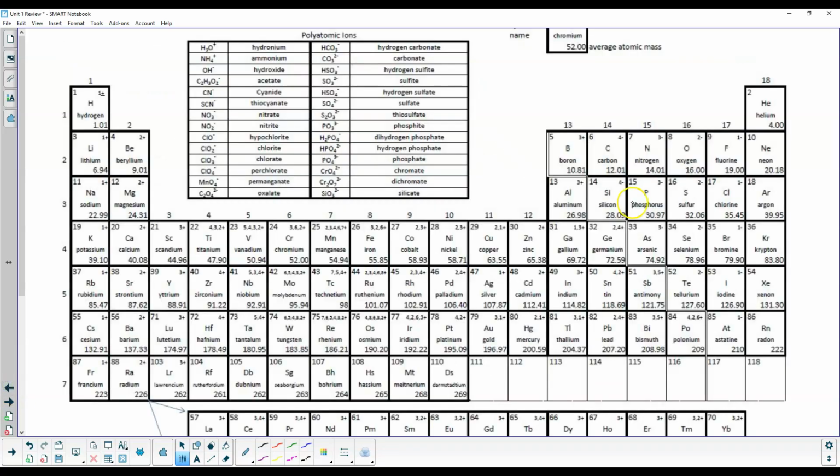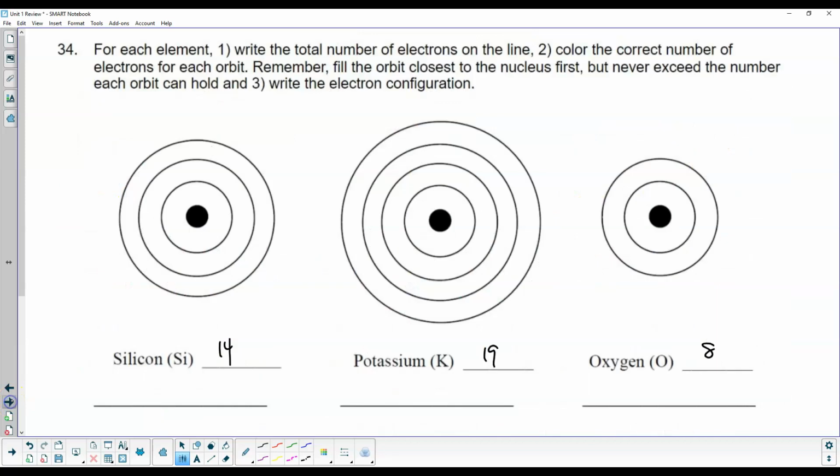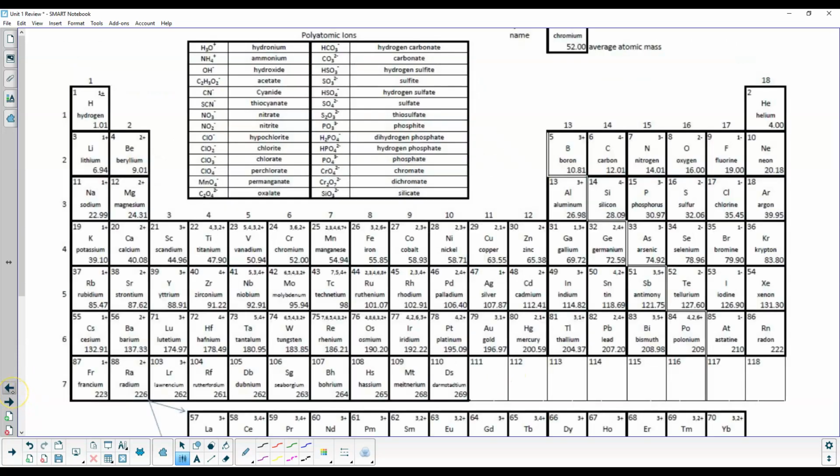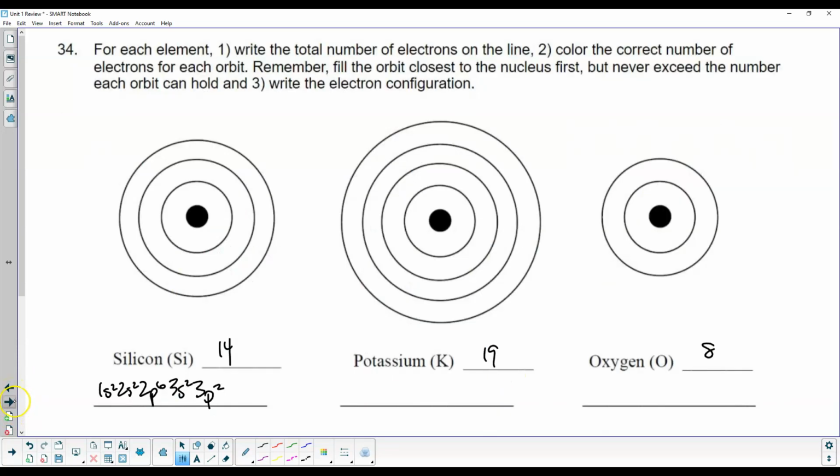Silicon is right here, so we're going to be 1s2, 2s2, 2p6, 3s2, 3p2. Okay, let's do potassium. We already did potassium earlier, so I'm not going to go through that.